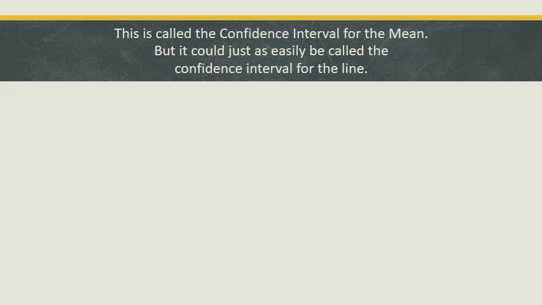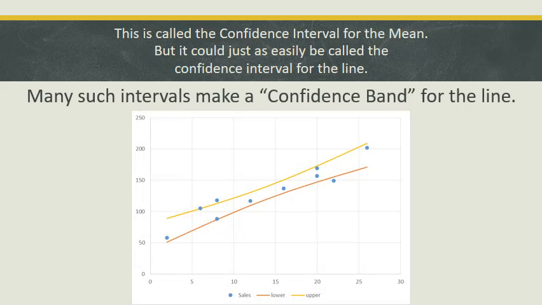We have the confidence interval for the mean value of y, but that's essentially the same thing as the line defining the relationship between x and y. We can use a computer and really take this to the next level. In this picture, I used Excel to literally make hundreds of confidence intervals between x equals 2 and x equals 26. So instead of just one interval, I have something like a confidence tunnel, although the book would prefer to say confidence band.